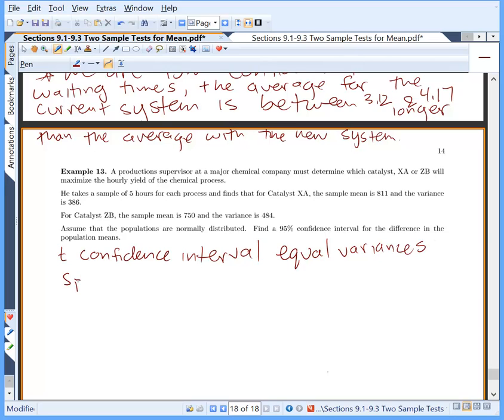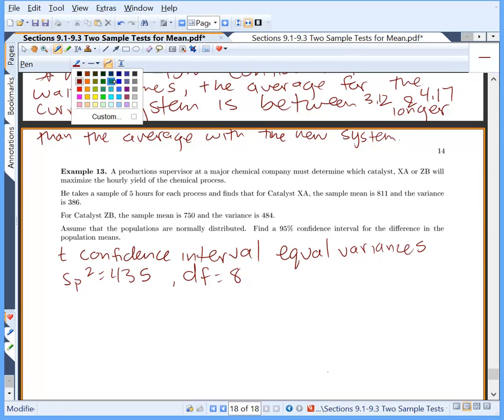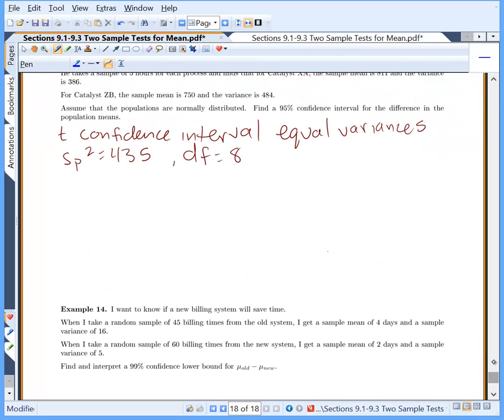And we decided that our pooled variance was 435 and we had degrees of freedom of 8. So our formula for our equal variances was x bar minus y bar plus or minus t star square root of the pooled variance times 1 over n plus 1 over m.